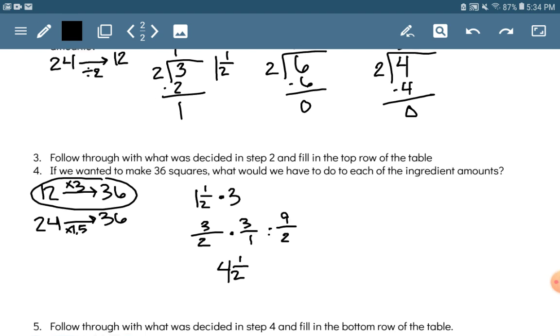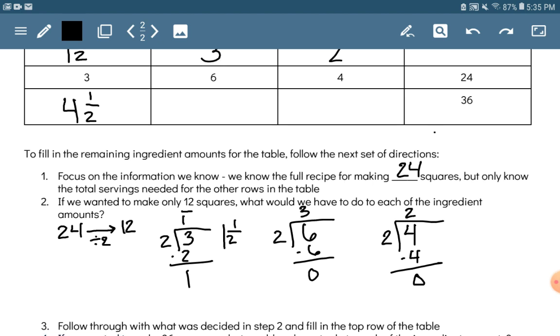Next, I need to talk about the cups of cereal. For my row in the table of 12 servings, originally it called for 3 cups. But since I'm increasing it to 36 servings, I need to multiply by 3, just like I'm doing with the serving amount. 3 times 3 is 9, and that is now the cups of cereal I'm going to need to make 36 servings.